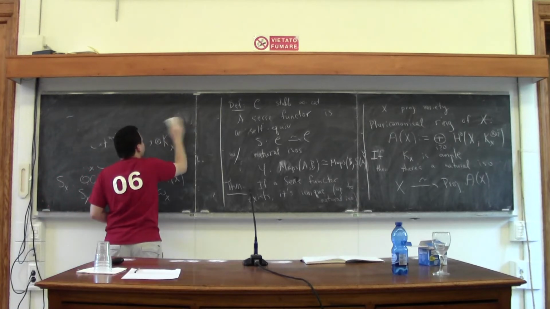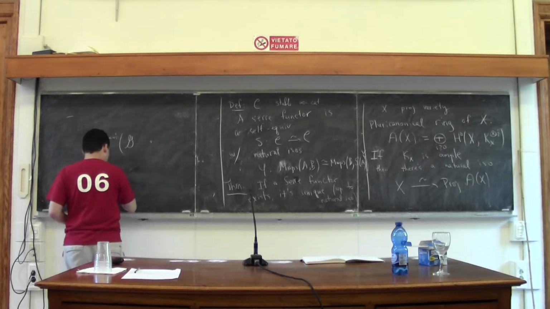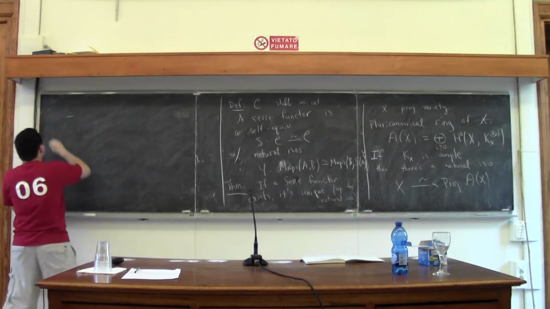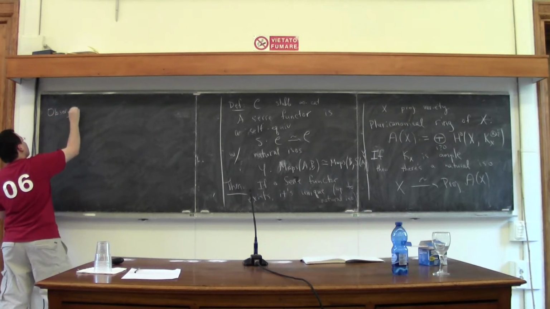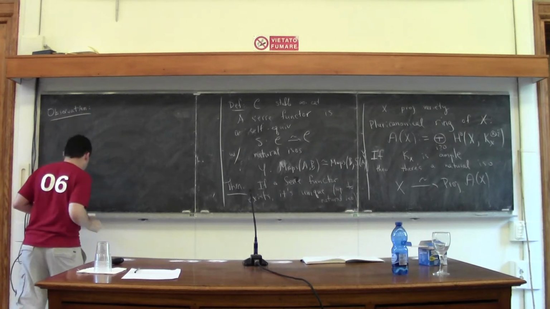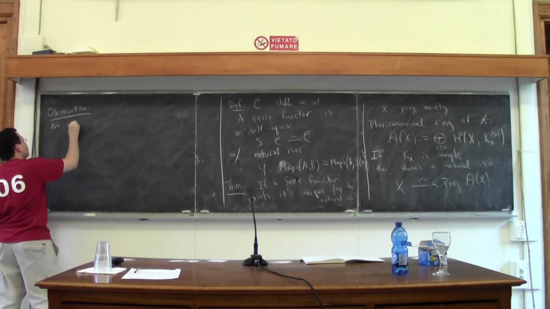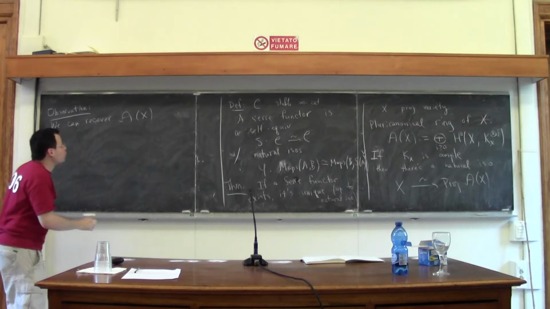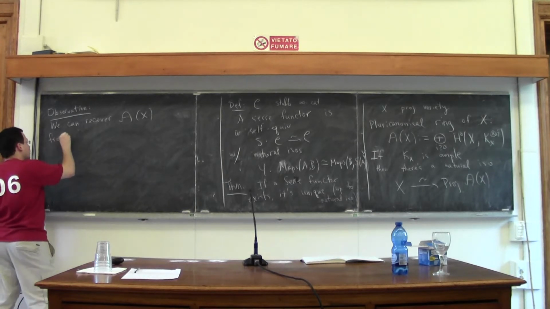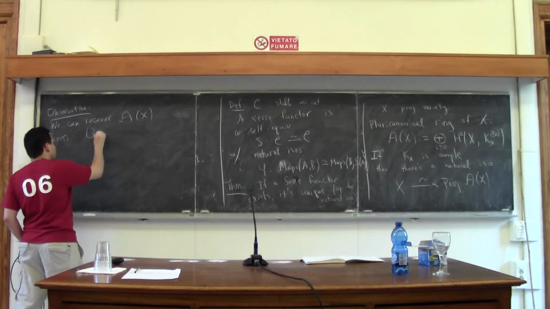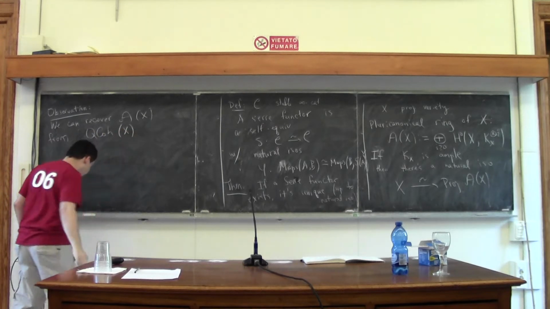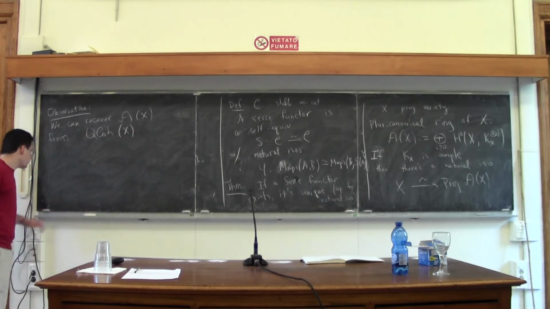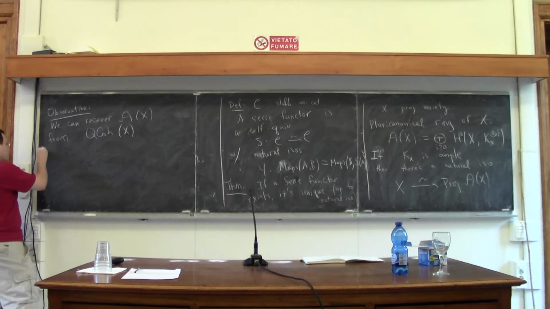So now the observation, or theorem maybe, is that we can recover this pluricanonical ring from the derived category. This proceeds in really two steps.